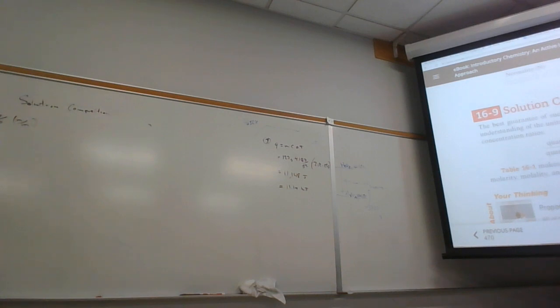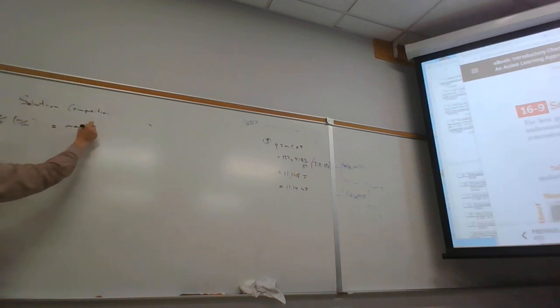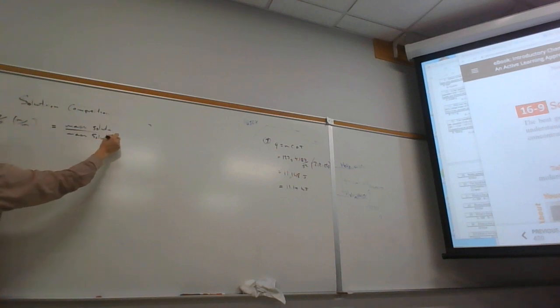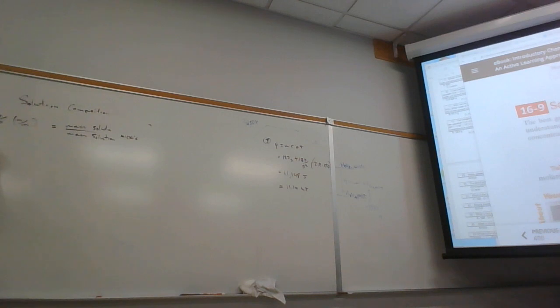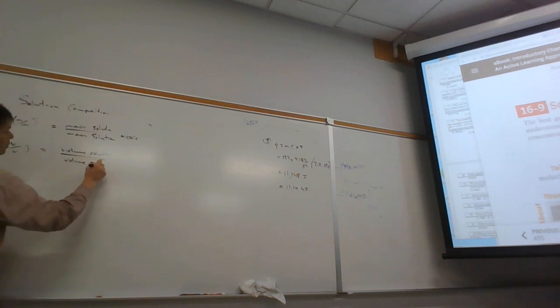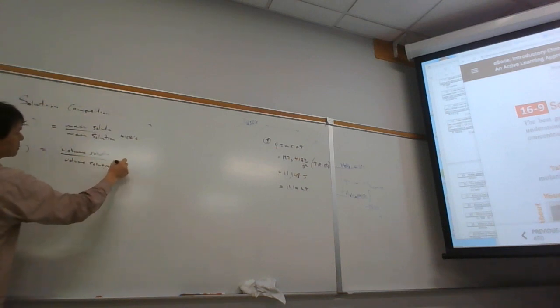It is the mass of solute over mass of solution, times 100%. We also have V over V. This would be the volume of the solute over the volume of the solution, times 100%.